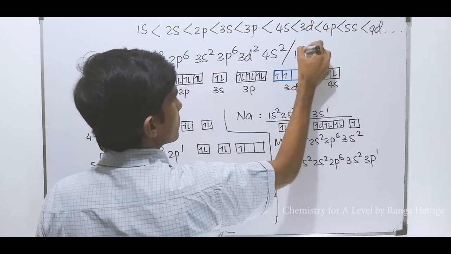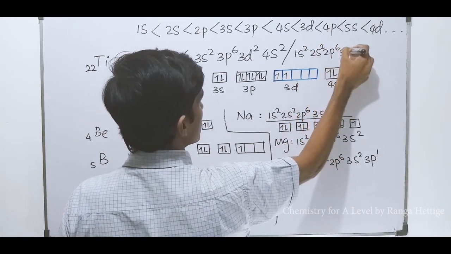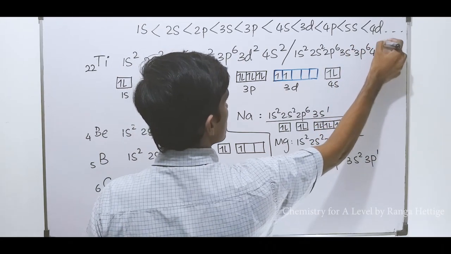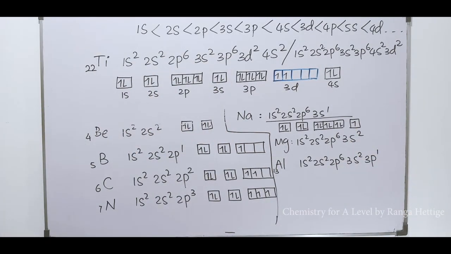So 1s2, 2s2, 2p6, 3s2, 3p6, 4s2, 3d2. One of these methods could be followed. So that is how we write the electron configuration of titanium.